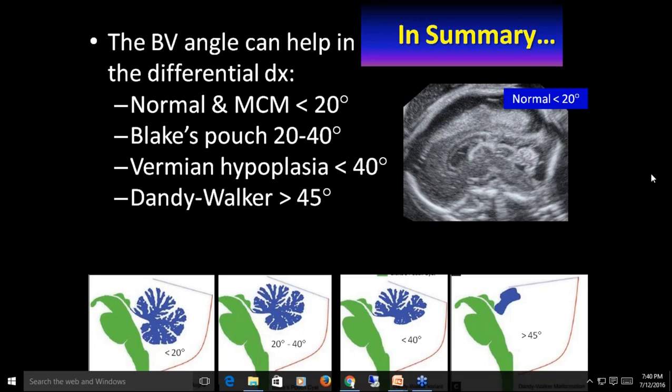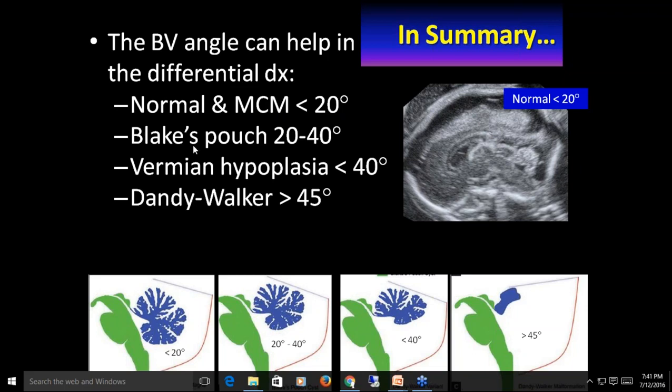In regards to the angles that we talked about, the VV and the VT angle, they can help in the differential diagnosis of posterior fossa malformation. In normal cases and cases of megacisterna magna, usually the angle is less than 20 degrees.